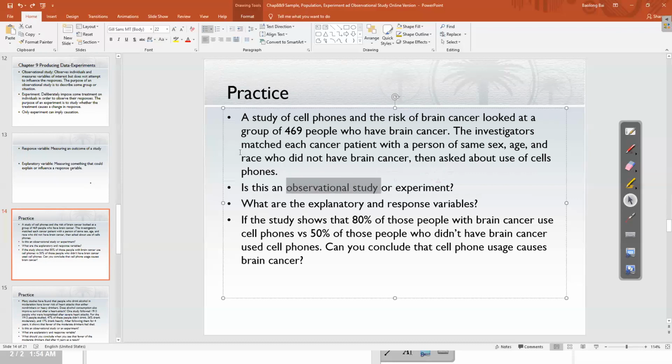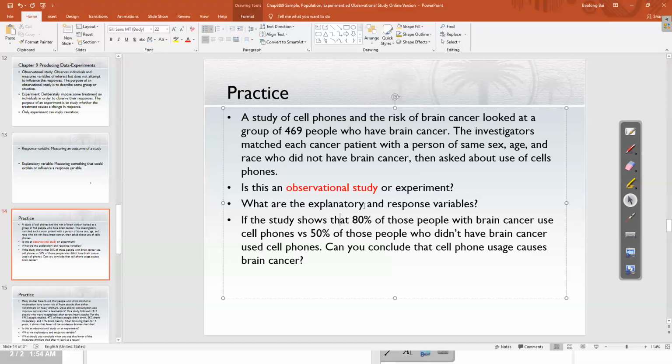Obviously, this is an observational study, right? Because the researcher didn't impose any condition on the individuals. The people in the study are not doing anything different from their regular daily life. They're basically just being observed. So it's an observational study. The researcher has no control over them, right?